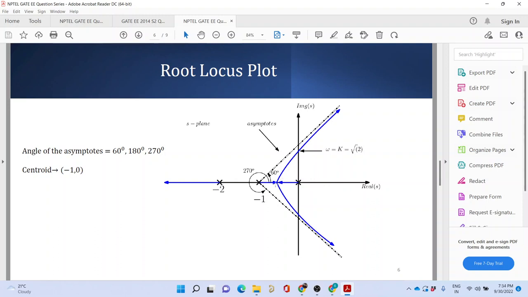The root locus starts from this open loop pole, meets somewhere over here, breaks away at this point, and then is asymptotic to these two lines. The other branch starts from -2 and goes along the real of s axis. This is how the root locus would look. Now what you have done is add a 0 somewhere over here. What effect does a 0 have?